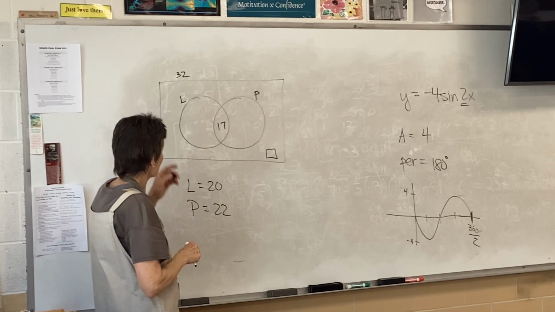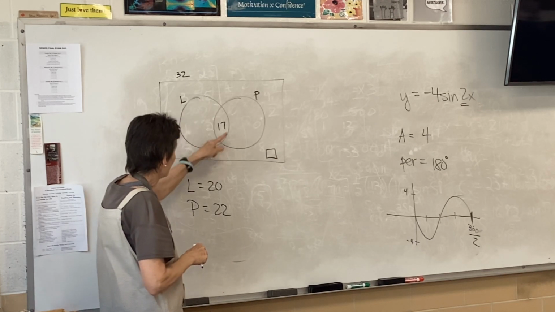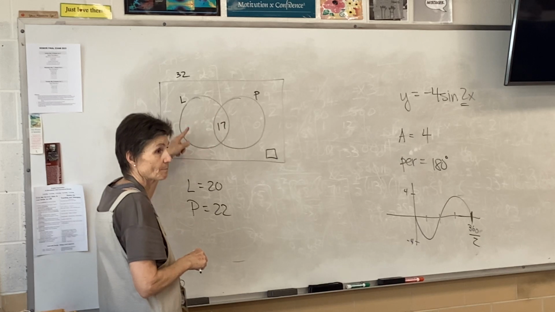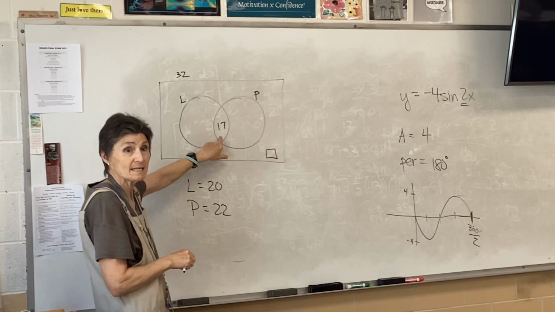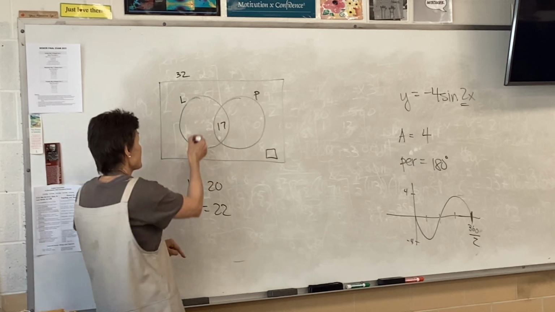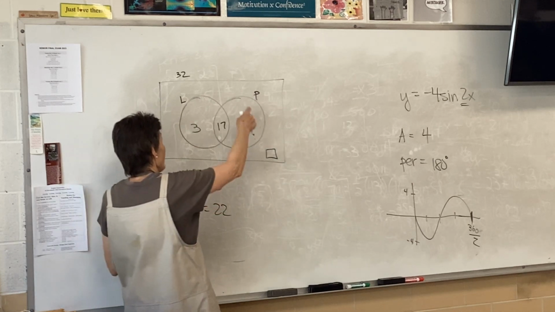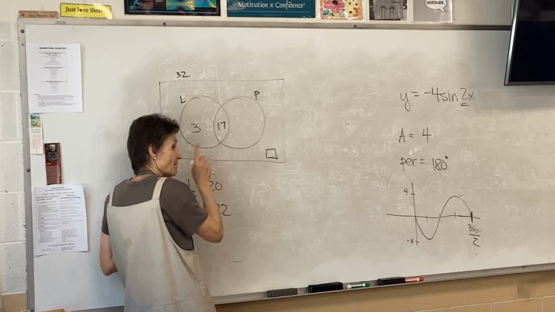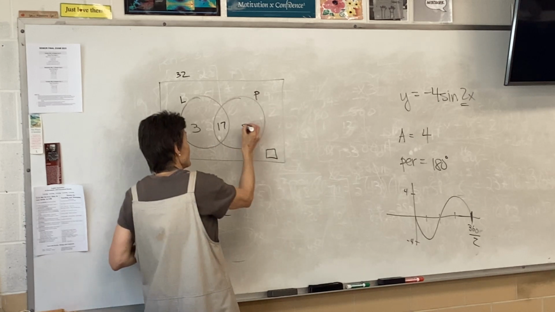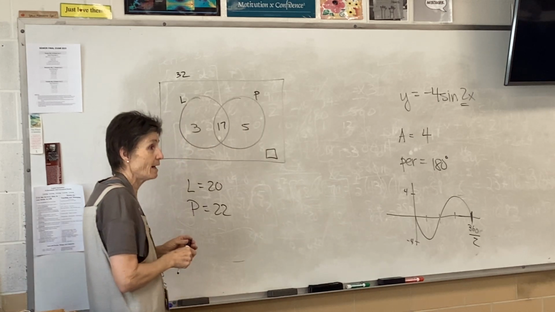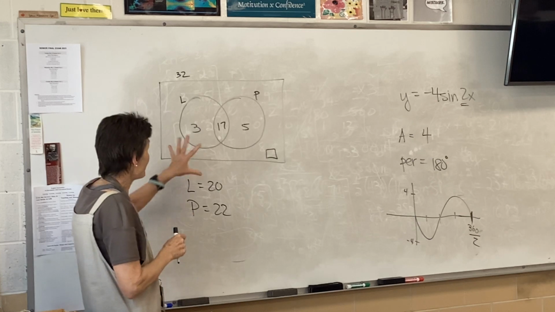Okay, 32 kids in the class. Total, this ball is 20, but 17 of them are already counted, so this must be a 3. 22 in this ball, but 17 of them are already counted, so this must be a 5. Now, how many are in the balls?